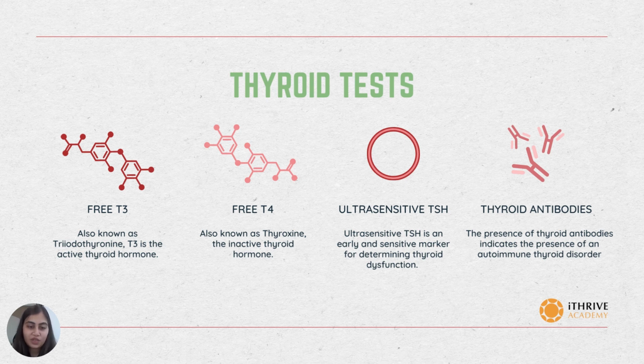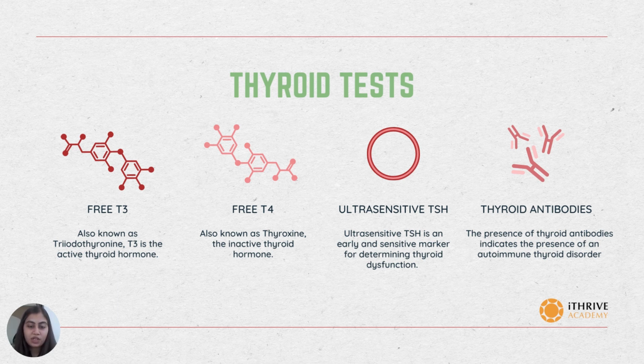Then we have TSH. TSH stands for thyroid stimulating hormone, and the test measures how much of this hormone is present in your blood. TSH is a hormone that's produced by the pituitary gland in your brain for the single purpose of sending a message to the thyroid gland.